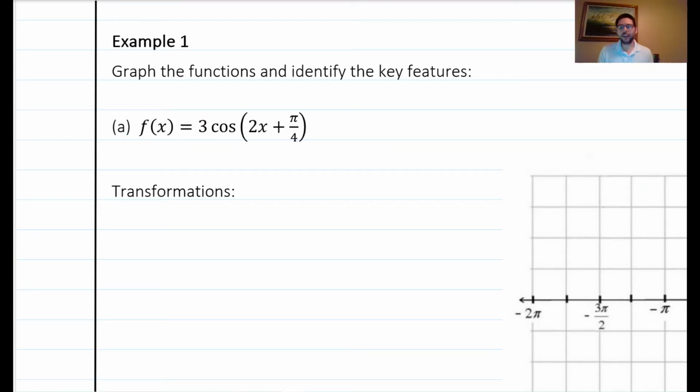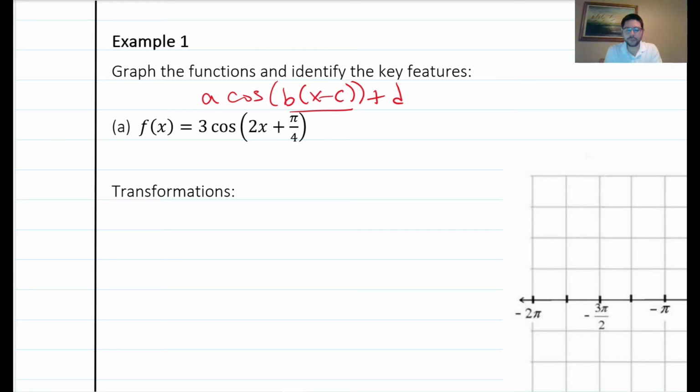All right, so let's look at the function 3 cosine of 2x plus pi over 4. First off, let's identify the transformations. Remember that this is of the form a cosine, or we want to make it of the form plus d. Right now, we need to factor out that 2, because it's not in the b times x minus c form. So that's the first thing we want to do: pull out that 2.